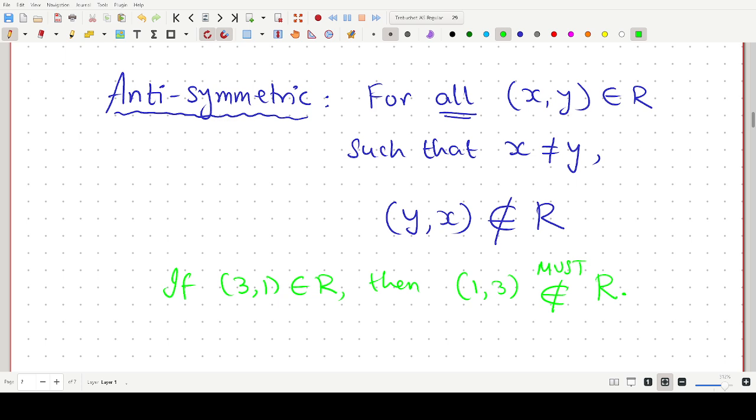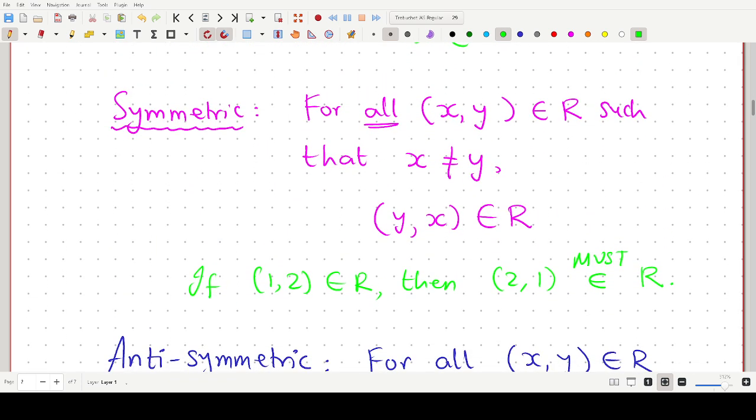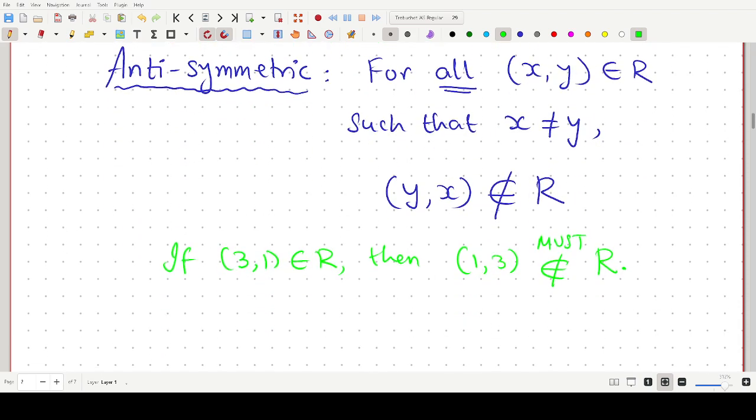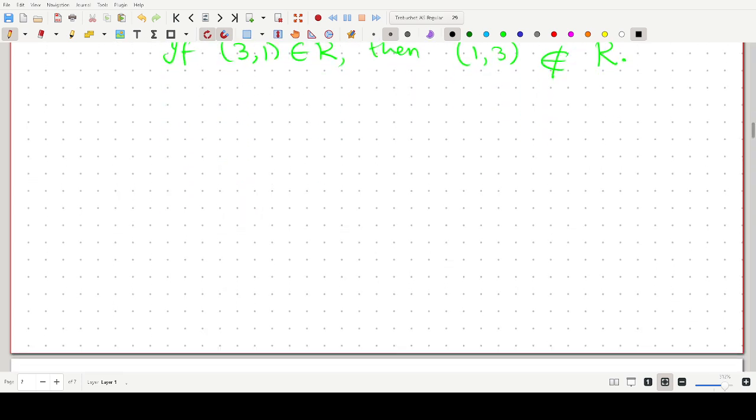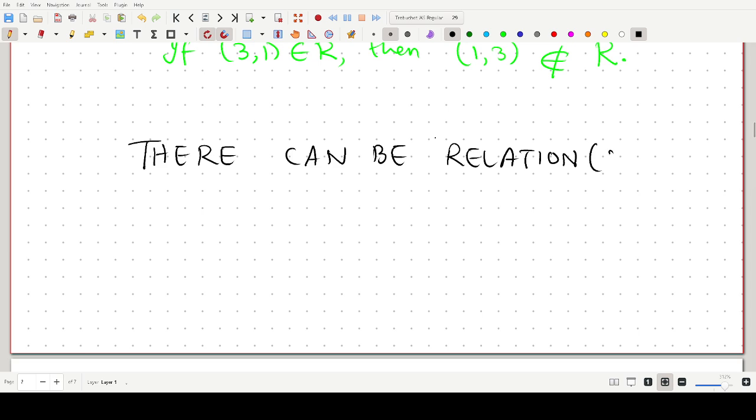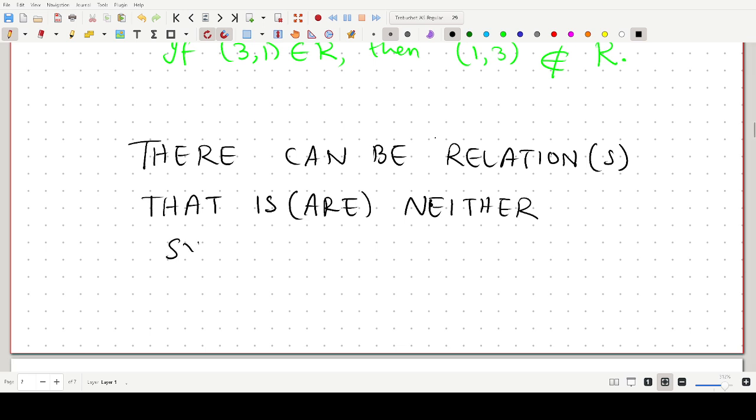An important point to be noted here, after understanding what a symmetric relation is and what an antisymmetric relation is, is that there can be RELATIONS that are not symmetric as well as not anti-symmetric.